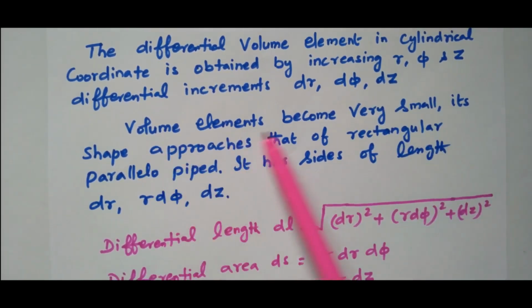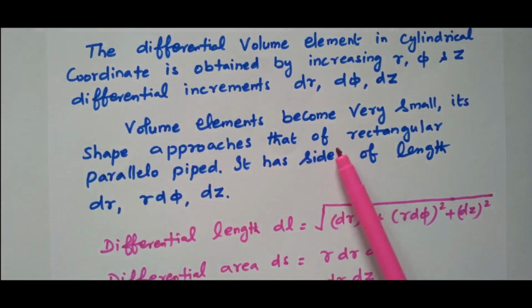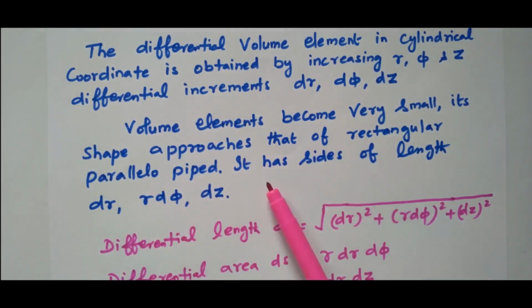The volume element becomes very small. Its shape approaches that of a rectangular parallelepiped with sides of length dr, r d phi and dz, because dr and dz are already lengths, but d phi is an angle. So in order to convert it into length, it is multiplied by r. So r d phi is equivalent to a length.